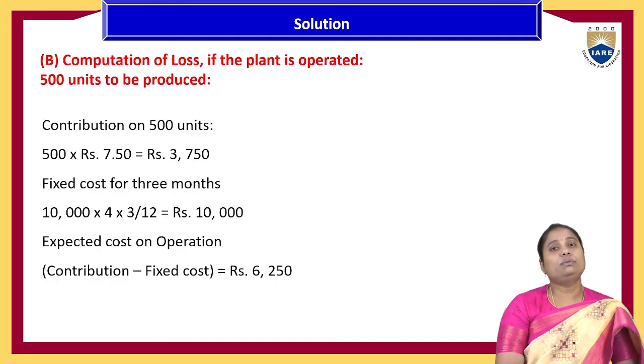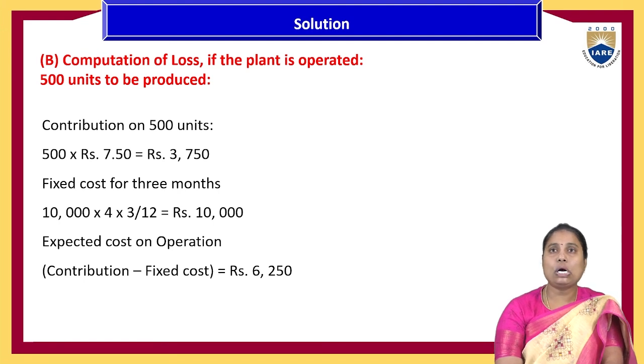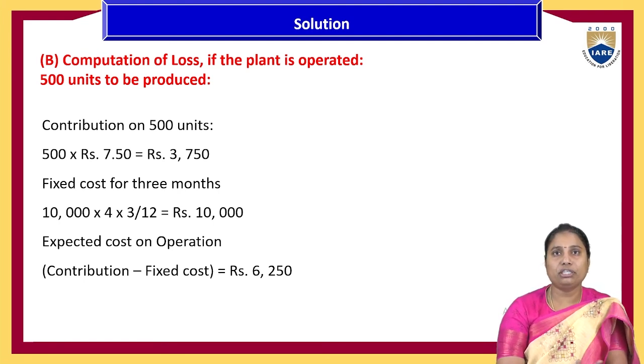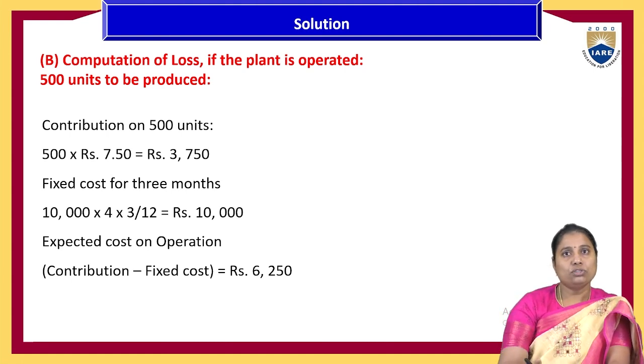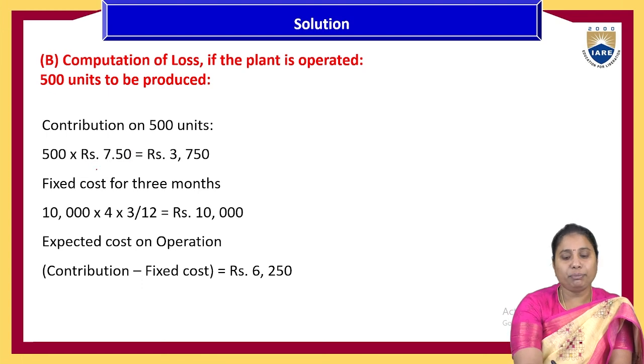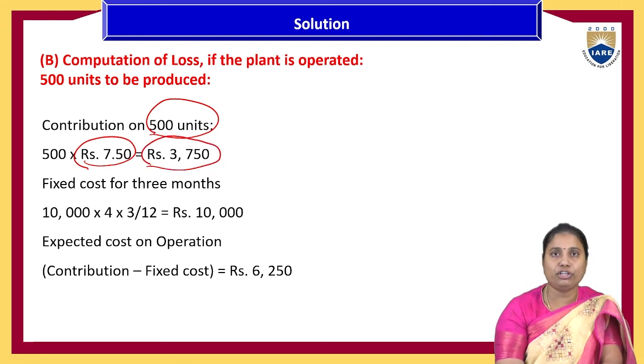Next, we will see whether the organization is getting losses or not when operating the plant with the 500 units they are producing. Contribution per unit is 7.5 rupees, so if they produce 500 units, the contribution is 3,750 rupees.